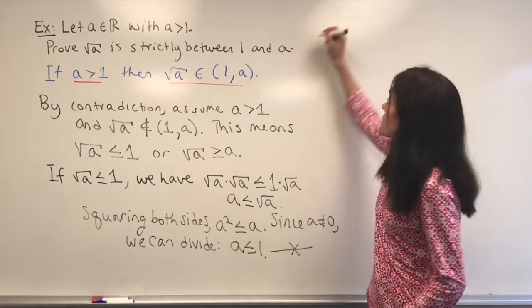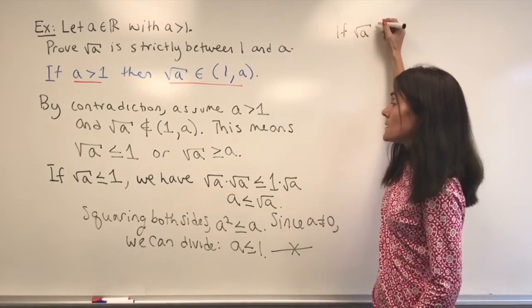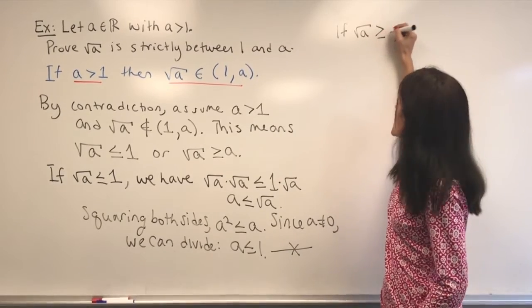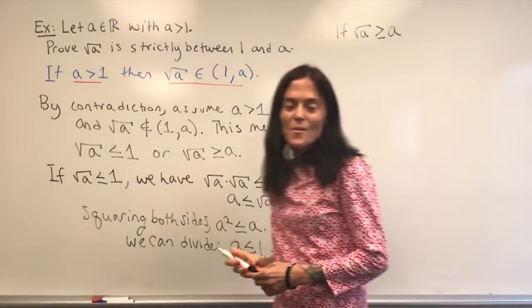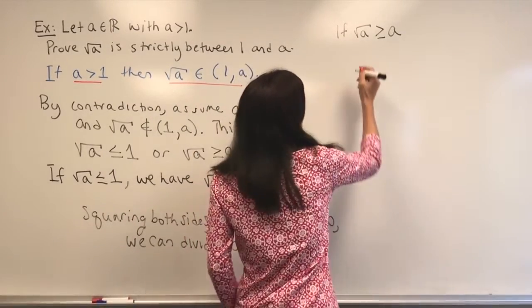Now let's think about this. So if the square root of A is bigger than or equal to A, well, we're going to have almost the exact same argument, as you will see. Let's just square both sides.